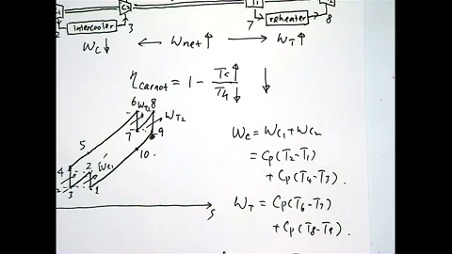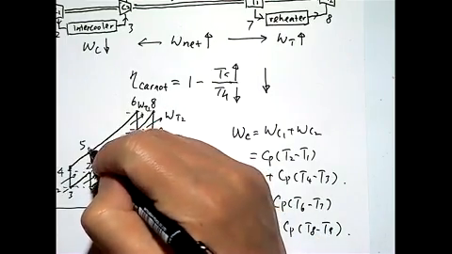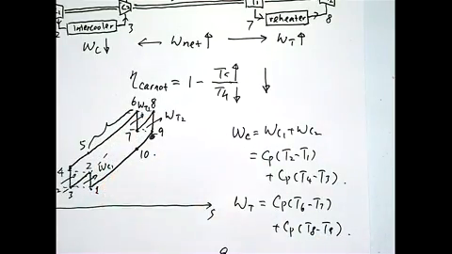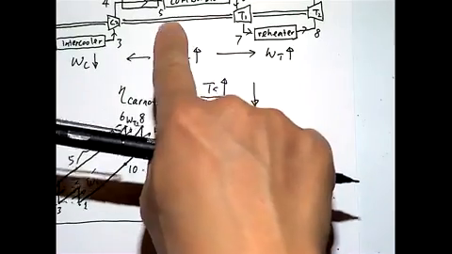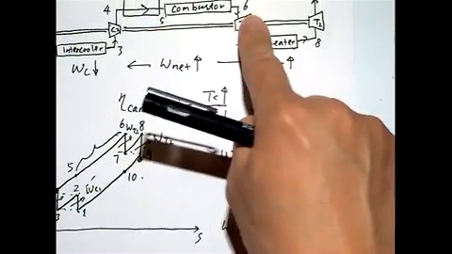And the Q in should equal this part, because the combustor only goes from state 5 to state 6, right?